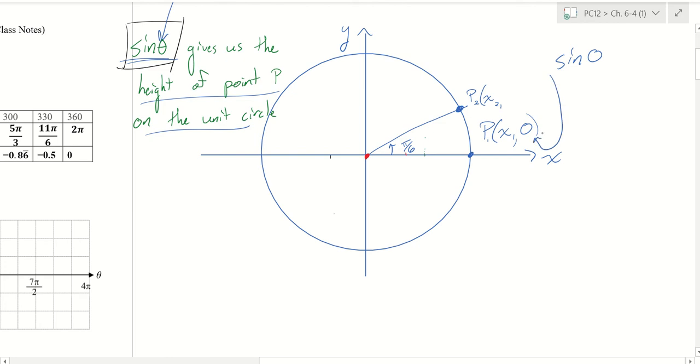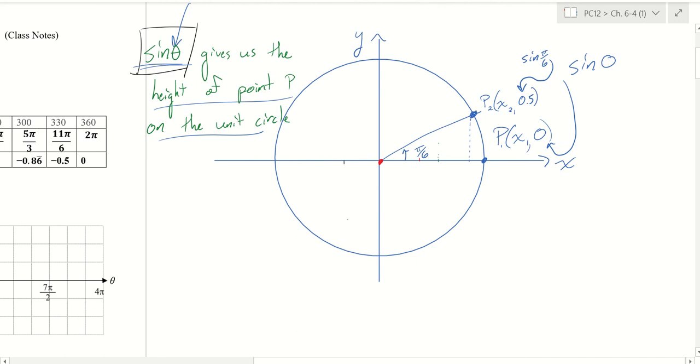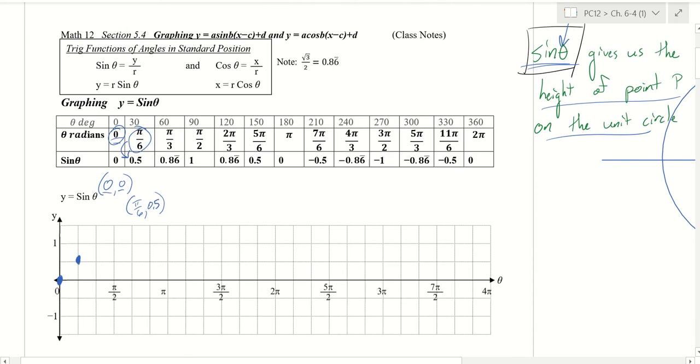And we could get then some y value, and that y value is just going to represent the height of this point on the unit circle above the x-axis. And we know that that's 0.5 or 1/2, right? Because ultimately sine of pi over 6 gives us the y coordinate, or the height, of this point on the unit circle above the x-axis.